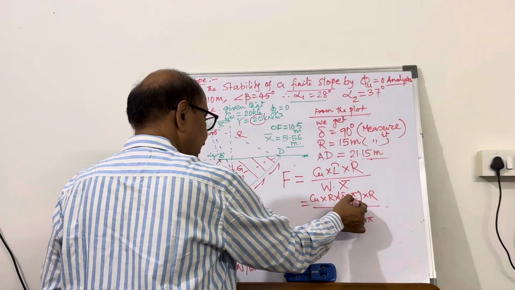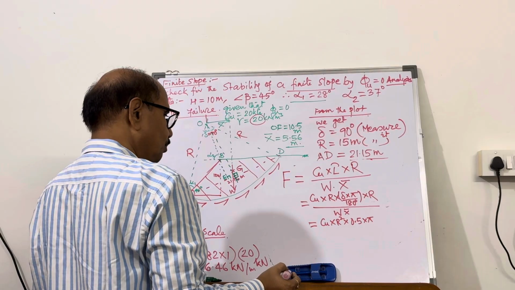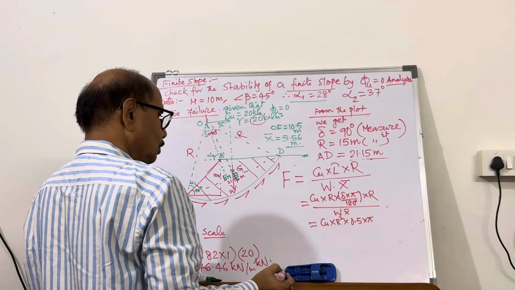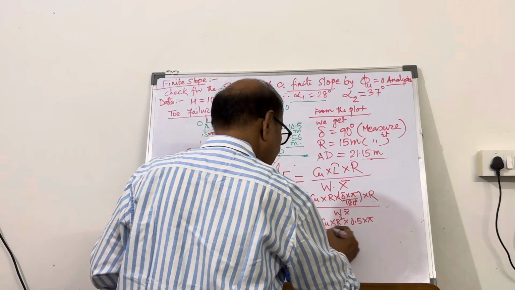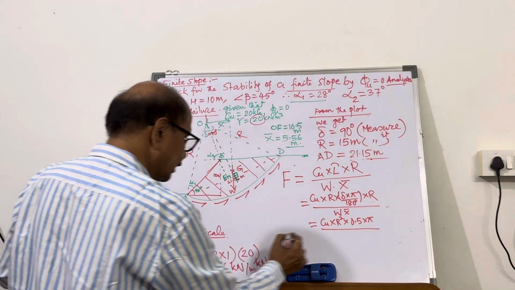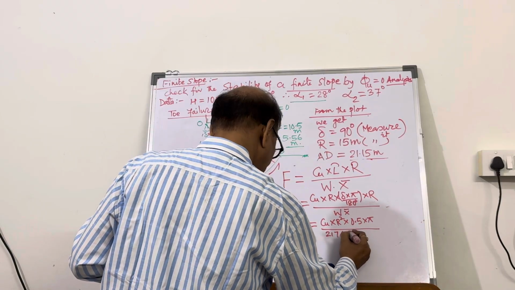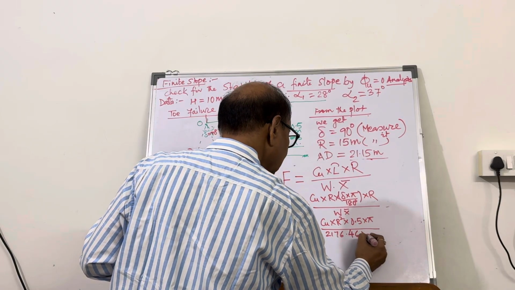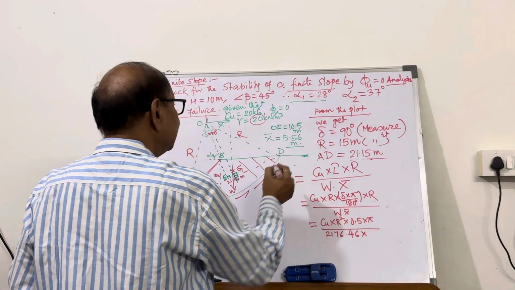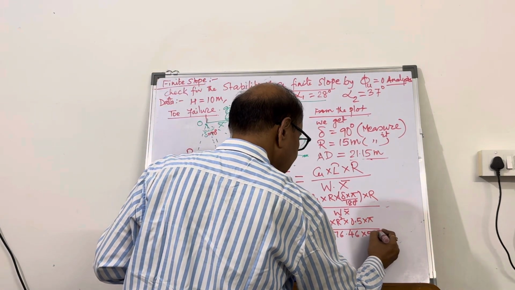So 90 divided by 180, so pi by 2, divided by W we have already calculated as 2176.46 and x bar we have measured as 5.56 meter.